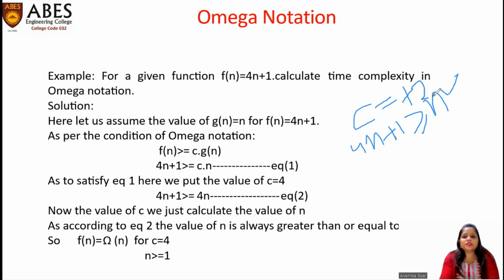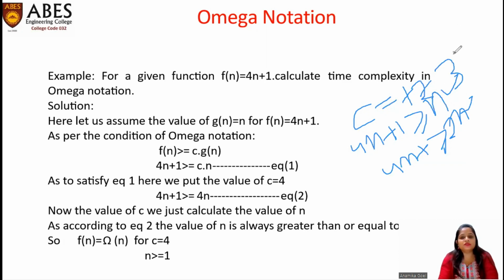Again, we check c equals 2. So 4n plus 1 is greater than or equal to 2n. The condition is again true. Similarly, for c equals 3, 4n plus 1 is greater than or equal to 3n. Condition true.